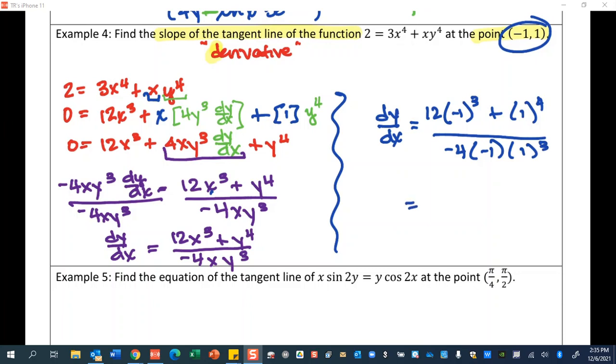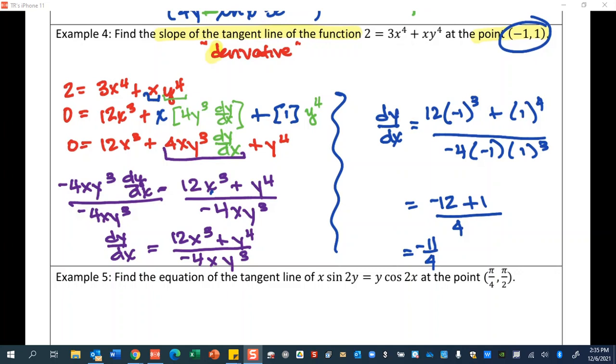So that's going to be negative 12 plus 1 over positive 4. Negative 11 fourths is the slope of the tangent line of that function at that point.